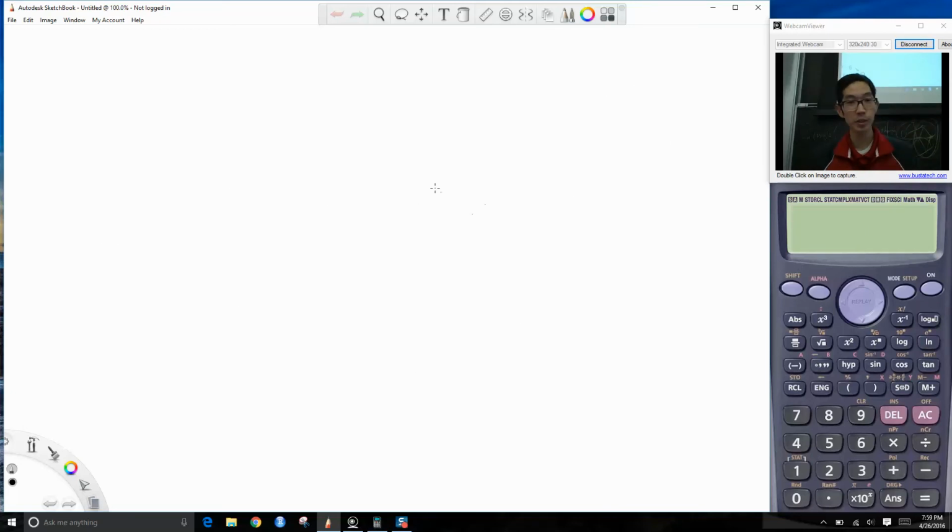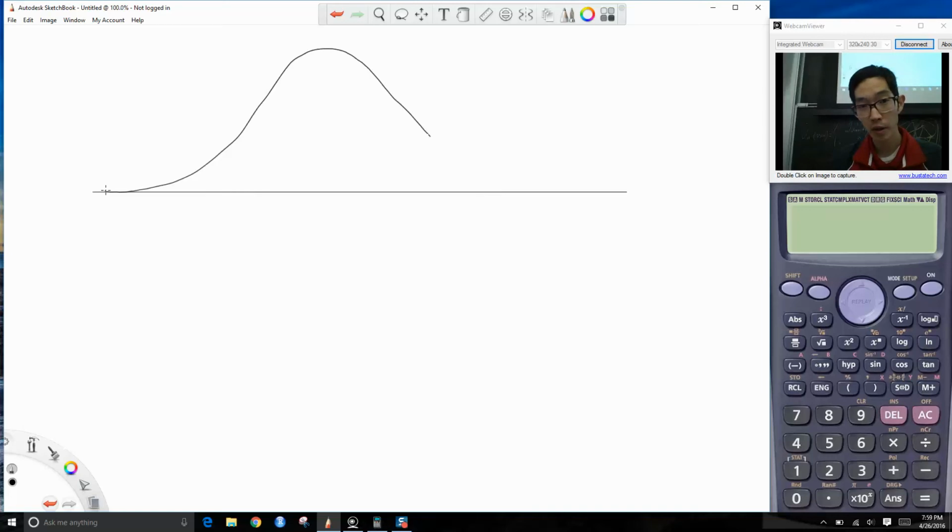Okay, so let's go back to our normal distribution, which looks something like this, okay? And the idea here is that if we were to shade the entire area underneath the curve, it is equal to 1.